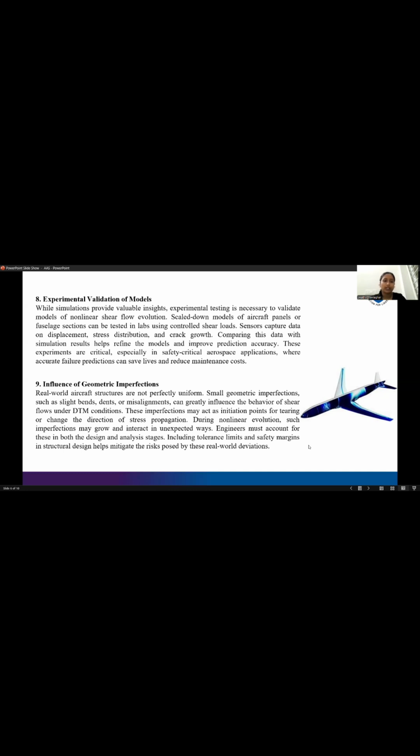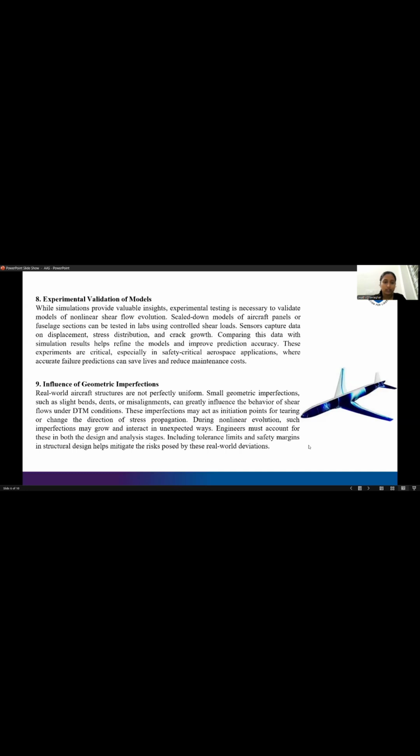Influences of geometric imperfections. Real-world aircraft structures are not perfectly uniform. Small geometric imperfections such as slight bending or dents can greatly influence the behavior of shear flow under DTM conditions. These imperfections may act as initial points for tearing or change the direction of stress propagation.